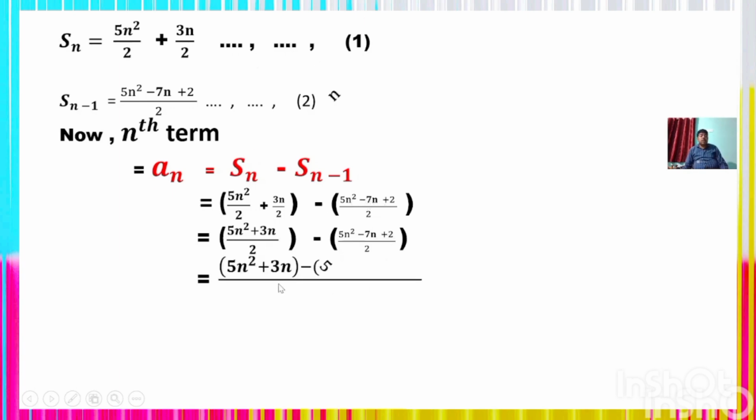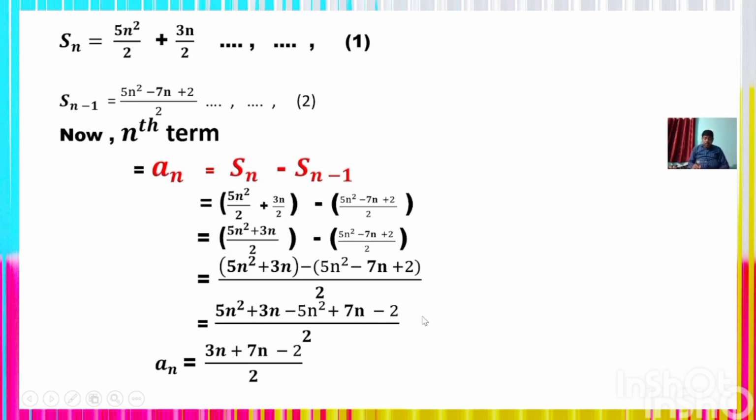Again you can take the LCM of both the expressions. It will be 5n square plus 3n minus 5n square minus 7n plus 2 whole divided by 2. Thus, after removing the bracket, it will be 5n square plus 3n minus 5n square plus 7n minus 2. Here, minus into plus is minus, minus into minus is plus, minus into plus is minus 2.